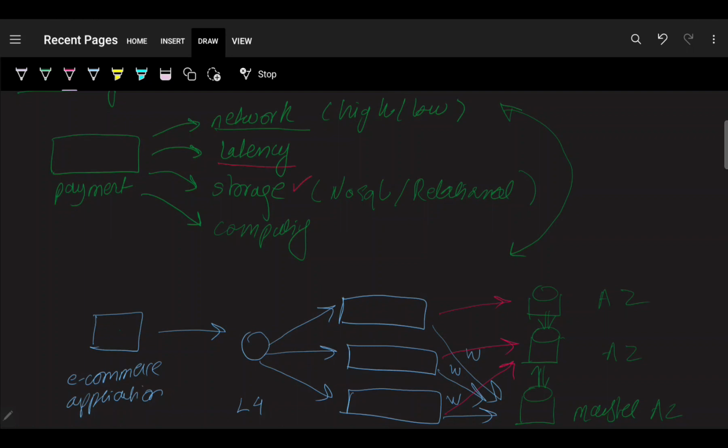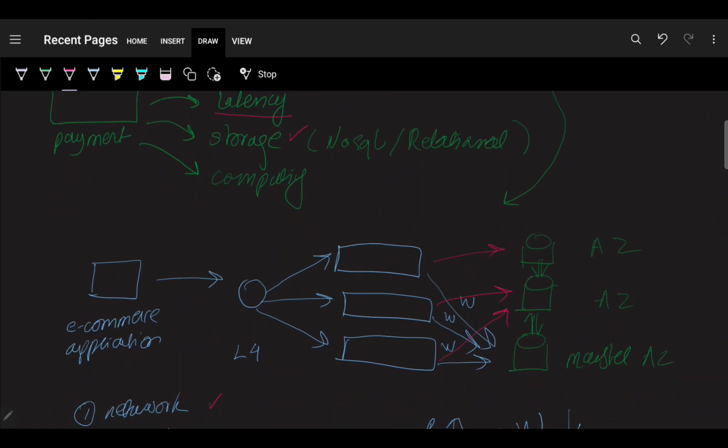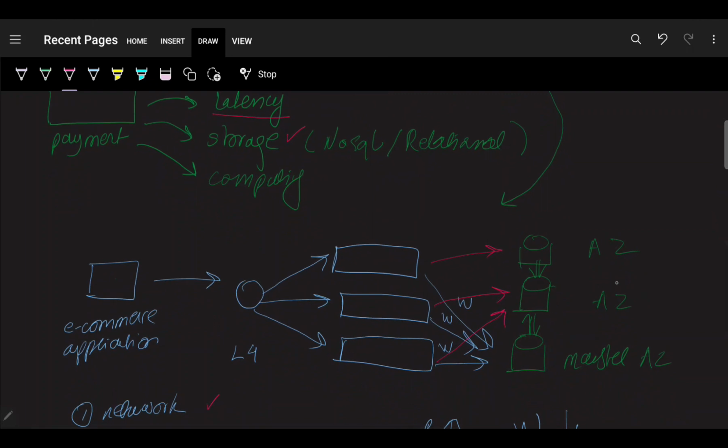For latency, whenever we're creating these replicas, as I suggested, you can plan these to be in different availability zones or regions. And so you can always choose the availability zones that are closer to your proximity, which would help the latency factor as well.